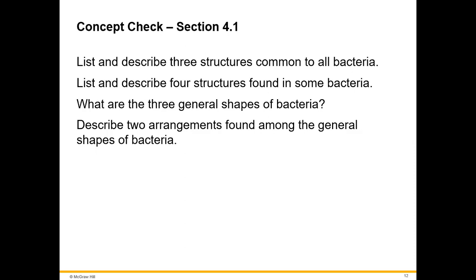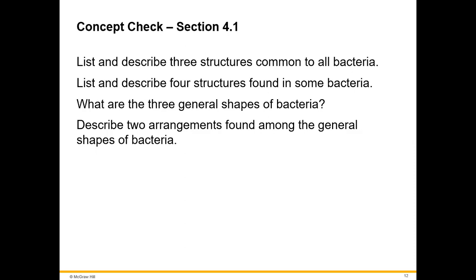Gram-positive bacteria have a very thick cell wall. Gram-negative have a thin cell wall. Another structure that a lot of bacteria have, but only found in the gram-negative bacteria, is the lipopolysaccharide layer, which is an additional unique membrane found only in gram-negative bacteria.